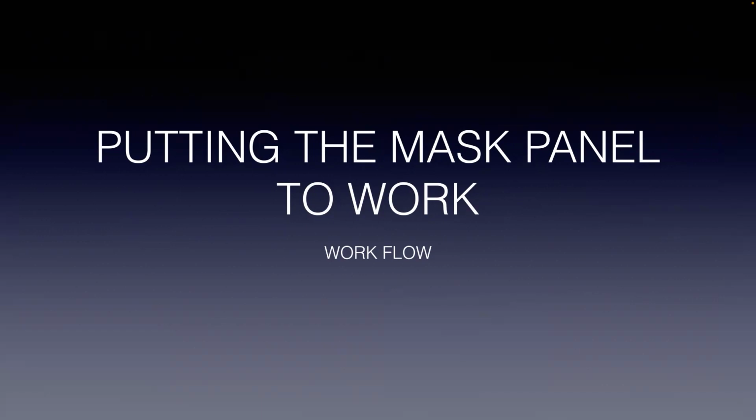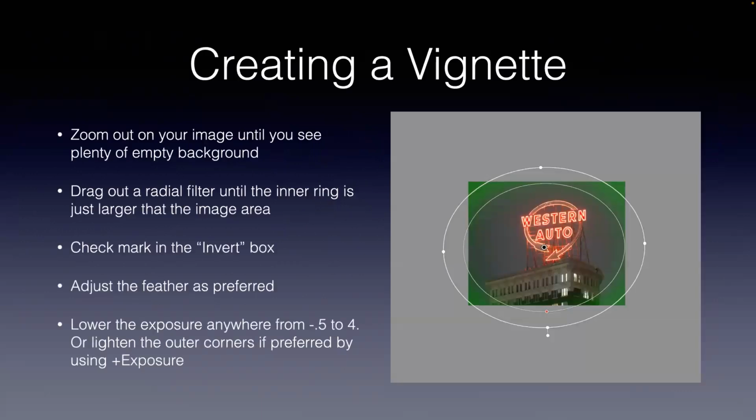And so the first thing I do want to cover though is I had told you that you could use that radial gradient for making a vignette. And this is kind of out of place really in this program, but I'm going to go ahead and talk through this right now anyway. If you wanted to put a vignette on your picture and use the radial gradient, it's a great tool for it.